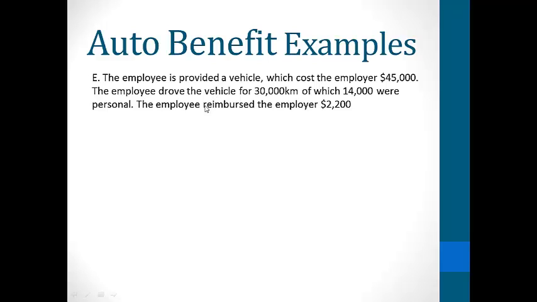So here we have another example where the employee is reimbursing the employer. So we'll do our standby first. So 2% times the cost of the car times 12 months.